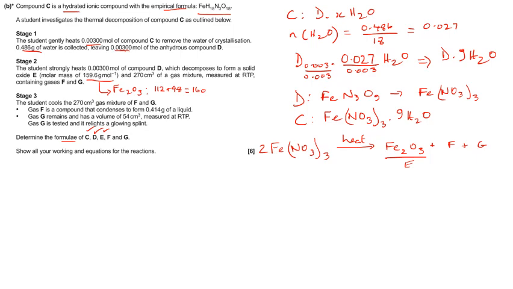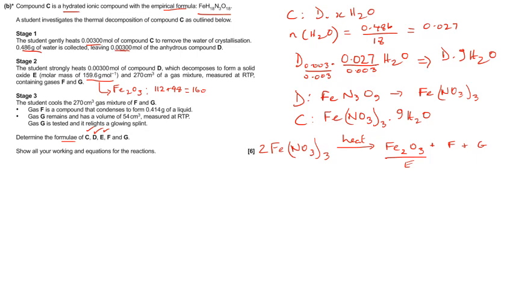So let's look at more clues, looking at some more information in stage 3. In stage 3, we've got students cooling the gas mixture, and gas F condenses into a liquid, and we're given the mass of that liquid.